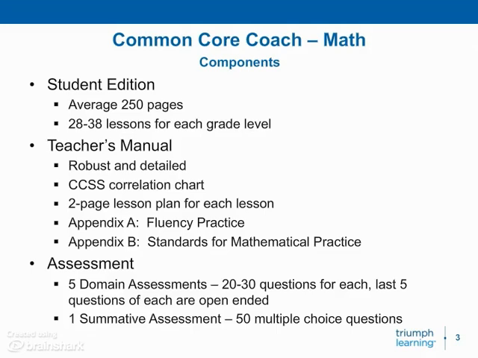There is a detailed teacher manual that includes a Common Core State Standard correlation chart, domain progression charts, and a 2-page lesson plan for each student lesson. There are also 2 appendices, A and B. One is for fluency practice and one to give special detailed information about the standards for mathematical practices.